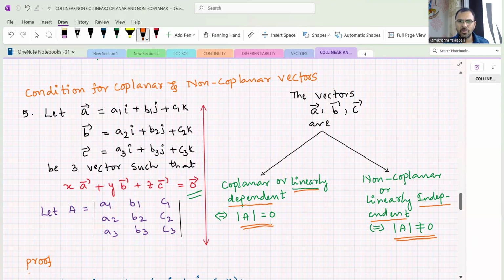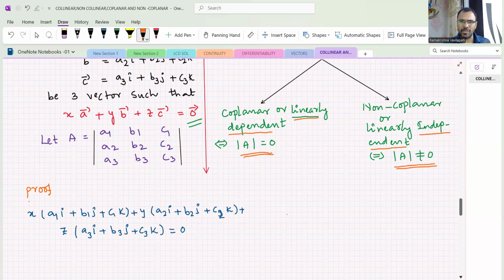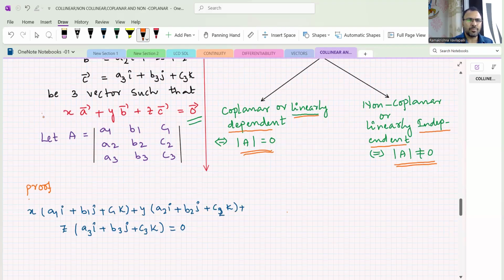So, I will give you a very subtle proof of this. You just substitute the A bar, B bar and C bar vectors in this linear combination equation. So I have just substituted here. i, j, k are non-coplanar vectors.